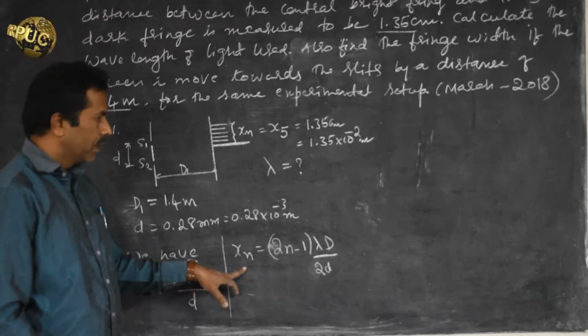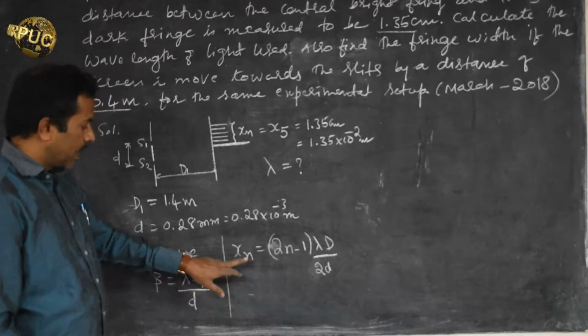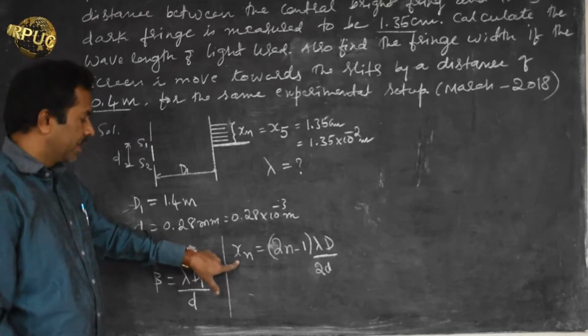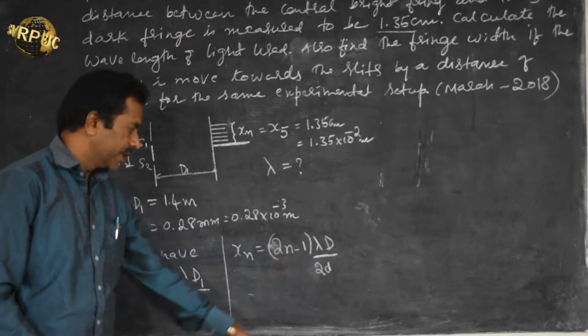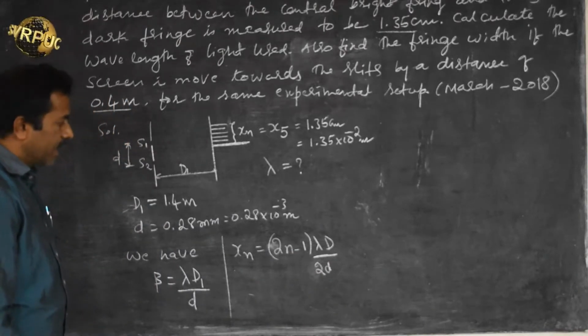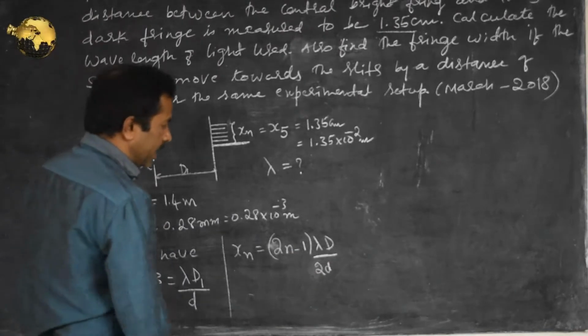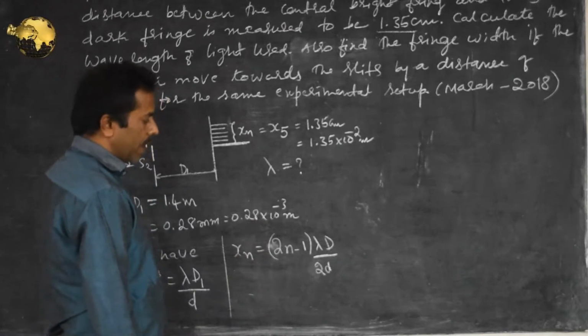The distance of the fifth dark fringe from the center fringe is given by xn is equal to (2n minus 1) into lambda D divided by d. So here we will calculate the value of lambda.